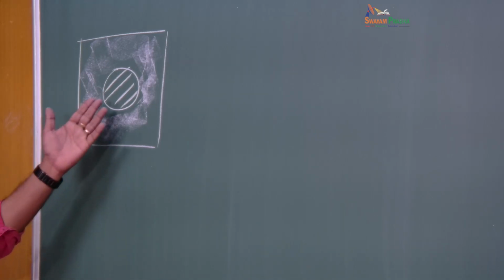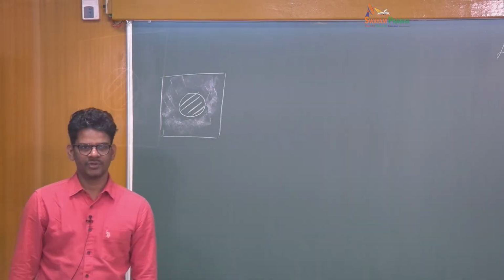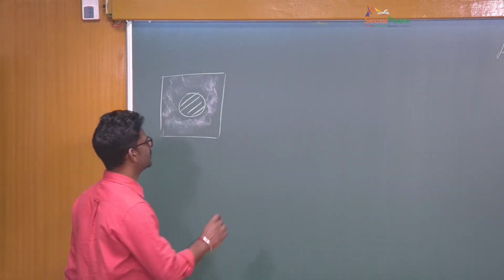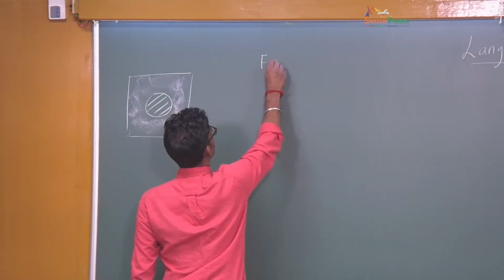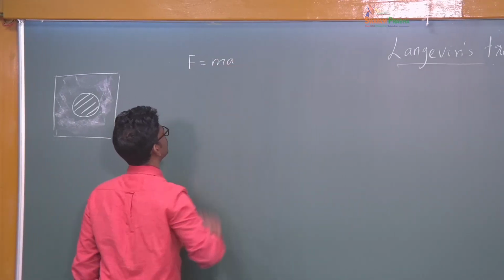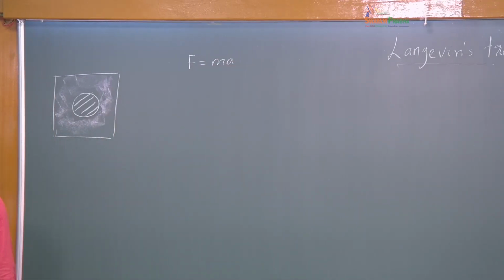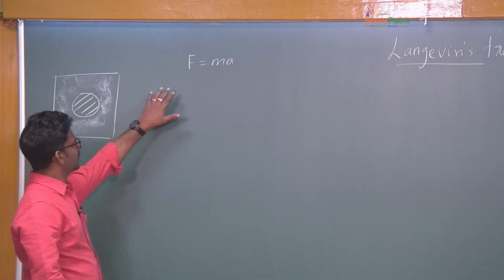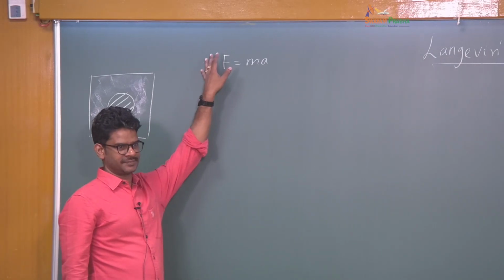So now when we try to set up this problem in the Langevin approach, first we look at what is the law that we know about the motion of this particle. So we start with simple Newtonian mechanics, and all we need to do is interpret the different kinds of forces that are going to act.